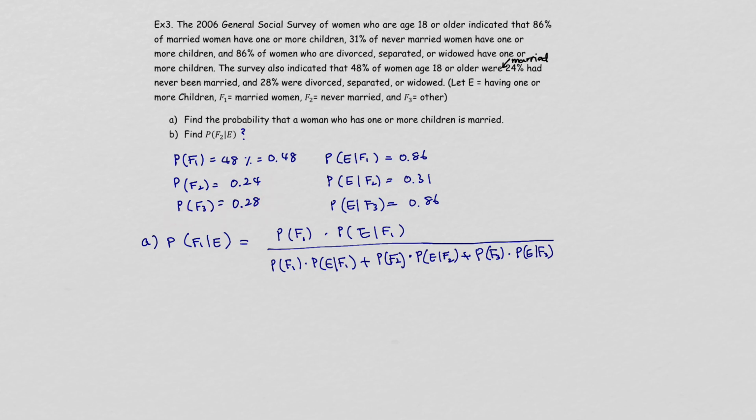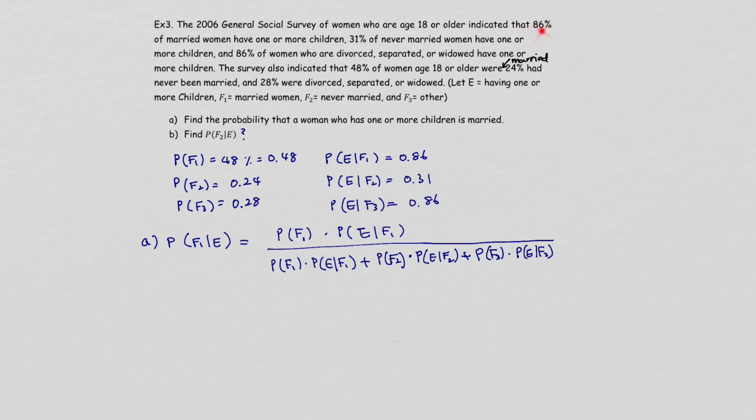And it also mentions the probability of E given F1. So E being having one or more children: that's going to be having one or more children given married, having one or more children given not married, and having one or more children given others, which is divorced, separated, or widowed.